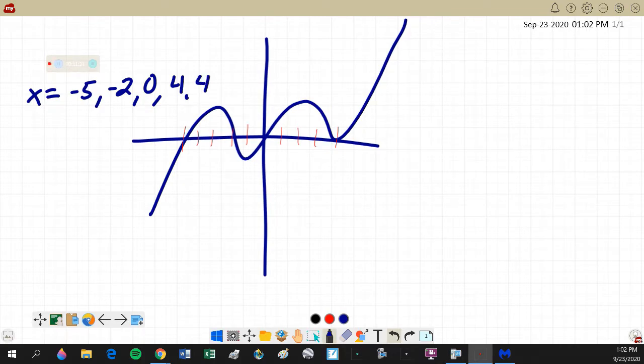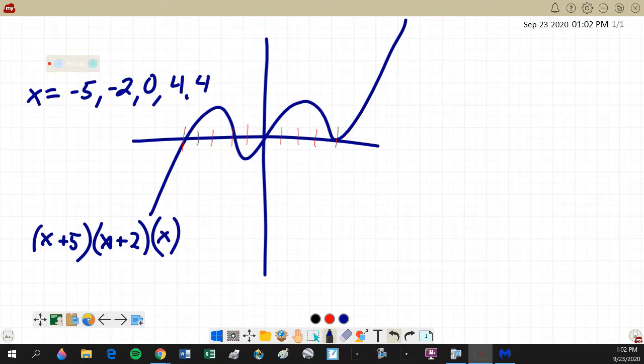So what's the equation? x plus 5, x plus 2, x, minus 4, and x minus 4, but I'm just going to square it. Does everybody understand that? Any questions how I created that?